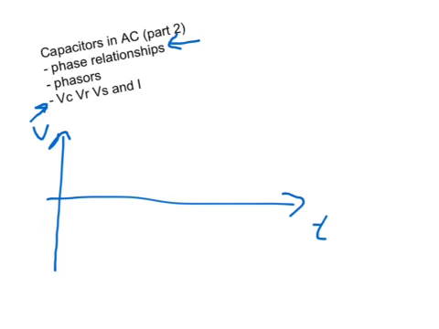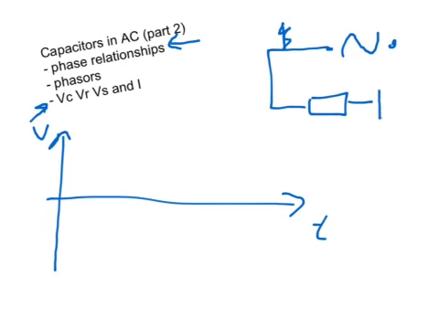We can look at the voltage across a resistor, AC. We can look at the voltage across a resistor compared to the voltage across the capacitor compared to the voltage of the supply. Each of these being voltmeters measuring them.